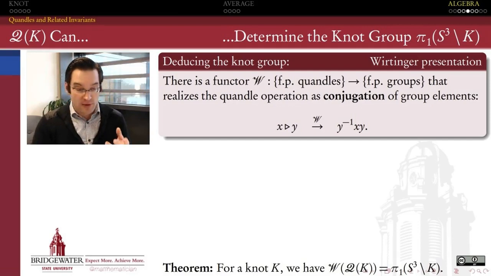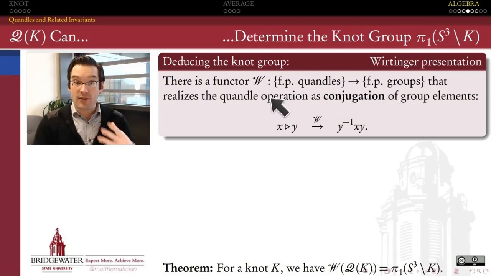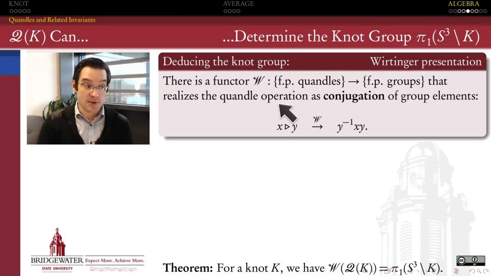So how do we get the knot group out of the fundamental quandle? Well, formally speaking, we can say that there is a functor from the category of finitely presented quandles to the category of finitely presented groups. And what it does is it realizes the quandle operation as conjugation of group elements. In other words, the purpose of this functor is to create an algebraic structure where the objects in my structure are the same as the objects were in my fundamental quandle.